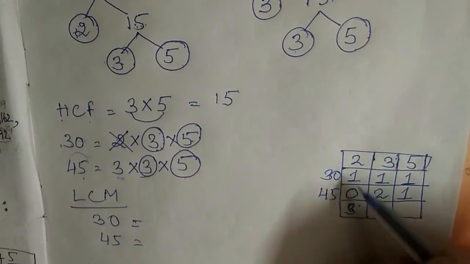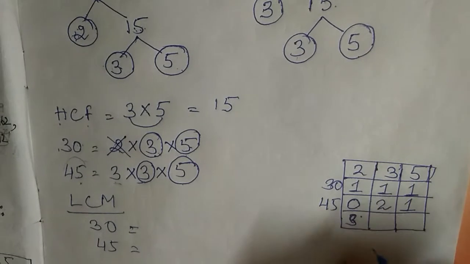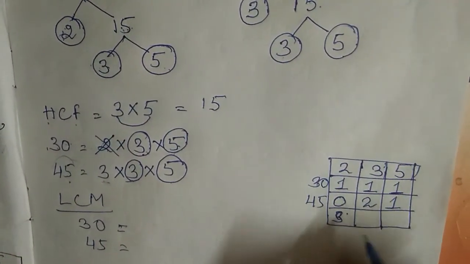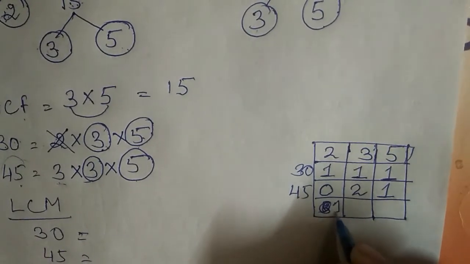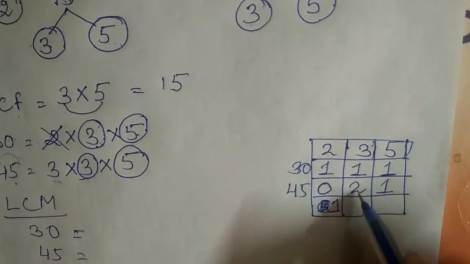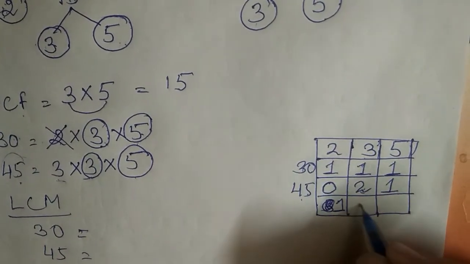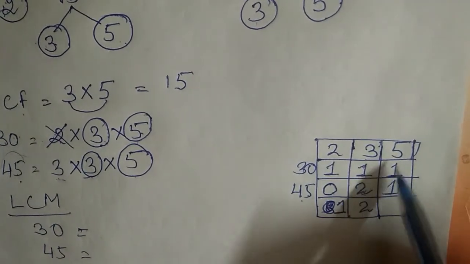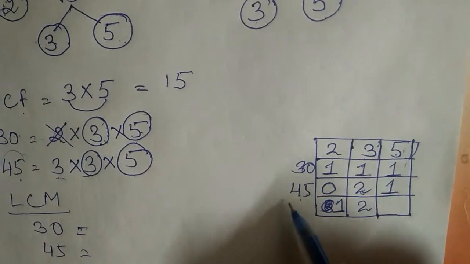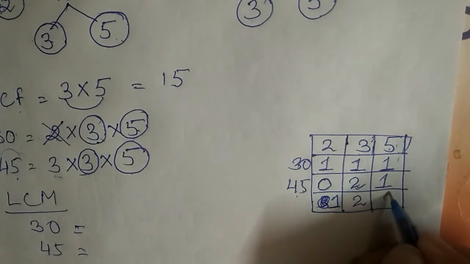Now amongst these two we have to find the maximum number of times each number comes. For 2, the maximum is 1. For 3, the maximum in both numbers is 2. For 5, the maximum in either 45 or 30 is 1.